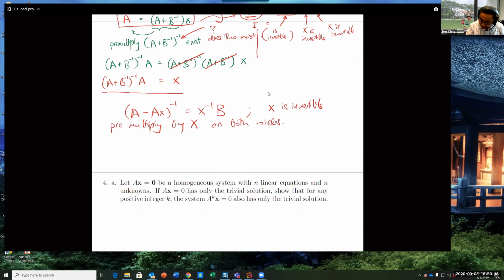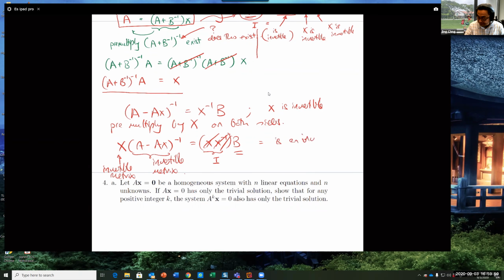What we want to do is X times A minus AX minus 1, X minus 1, B. This guy is the identity, so we can strike him off. So B is equal to, X is an invertible matrix, this guy is an invertible matrix. The product of two invertible matrices implies B is an invertible matrix.